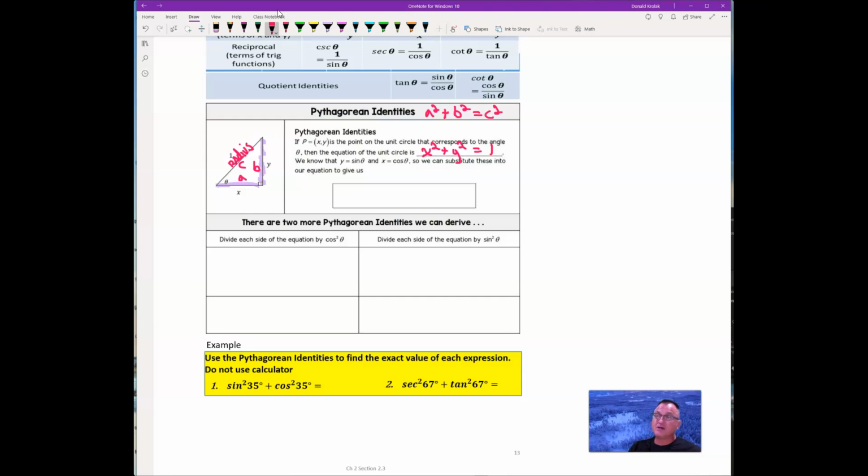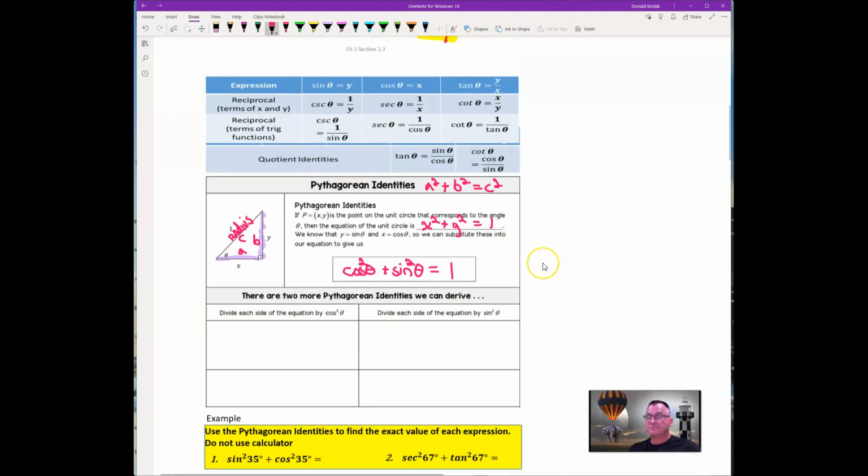So if we take out the letter x and replace it with cosine, because x and cosine are the same thing, then we can say that cosine squared plus sine squared is also equal to 1. All right? So I just replaced the y with sine and the x with cosine.